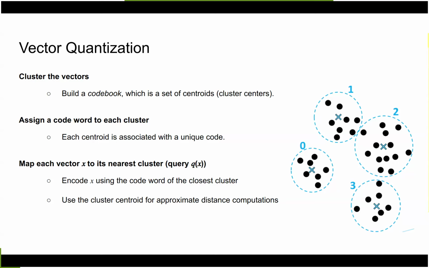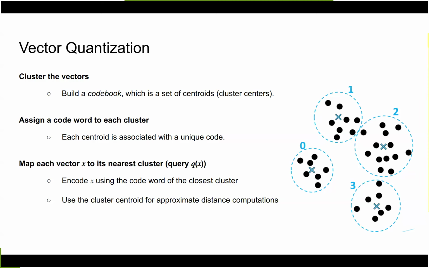Basically, you build a codebook, which is the set of centroids. Then during queries, you just need to encode your query using the centroids, find the closest centroids in the codebook, and then just traverse those specific clusters.